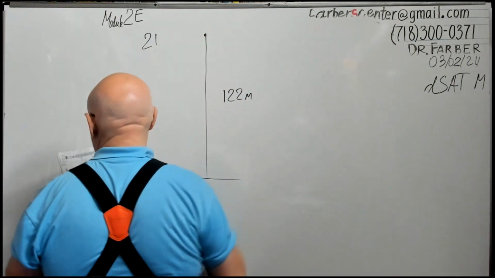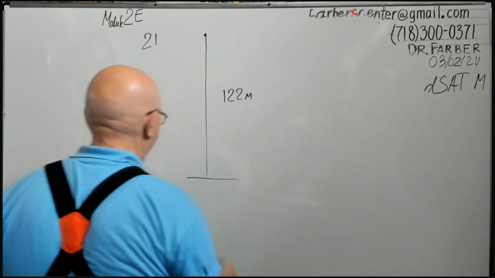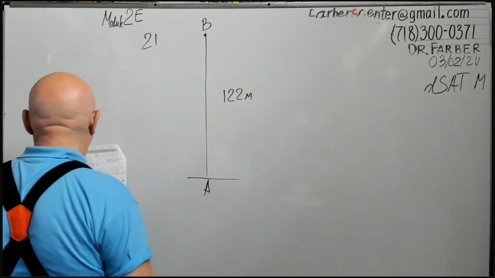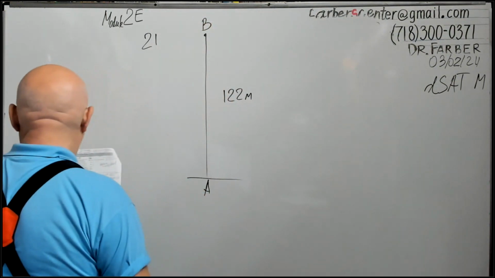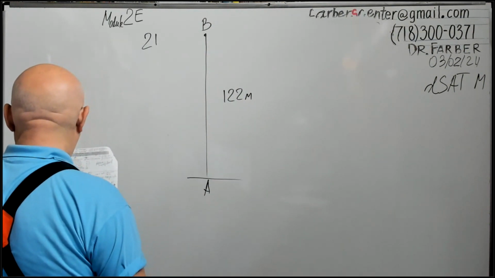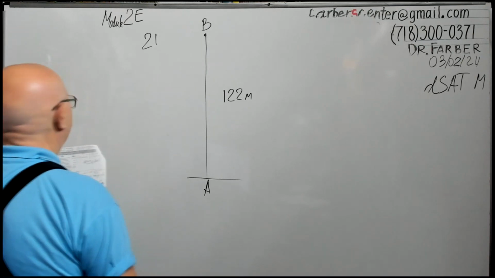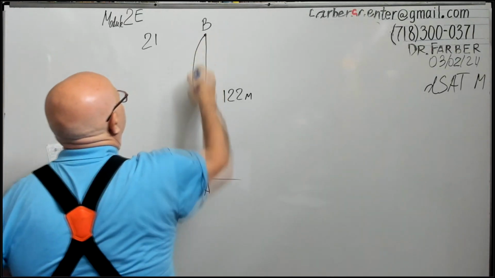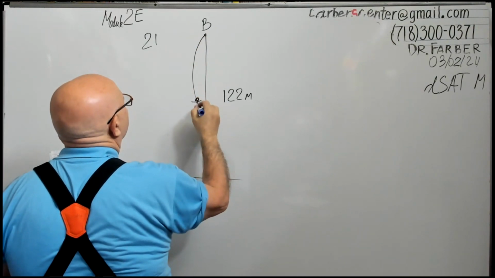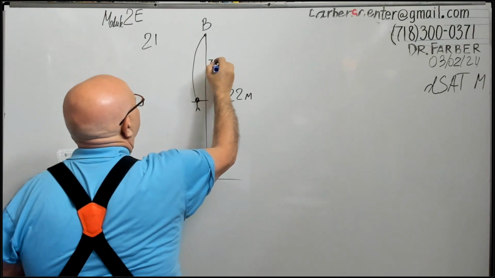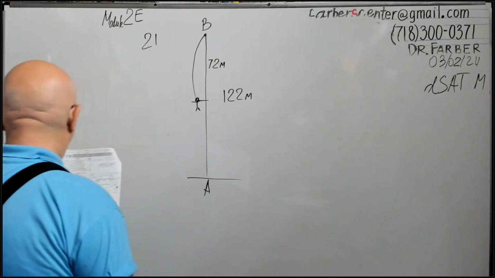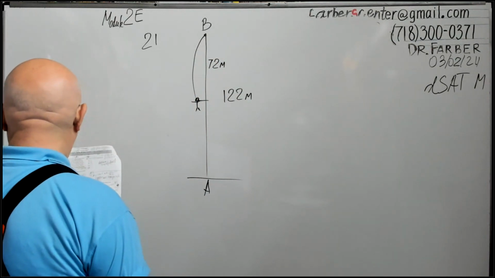And from this point, let's say AB, they said somebody, a jumper, when this cord is 72 meters long. This is a nice guy here. And this is 72 meters long. What happens? Fully stretched.